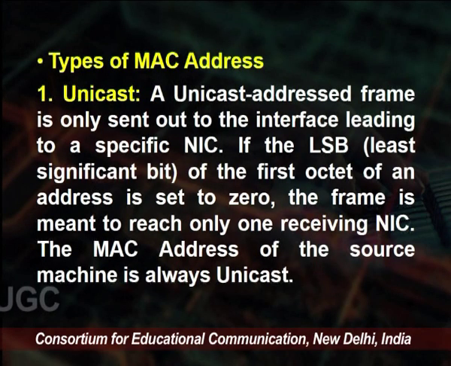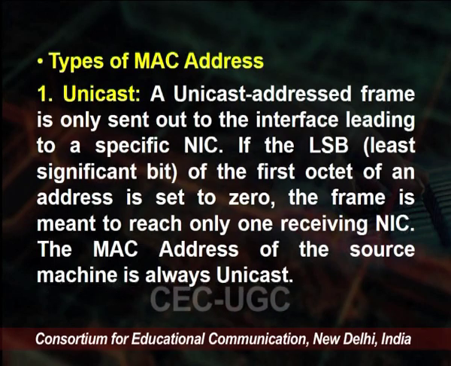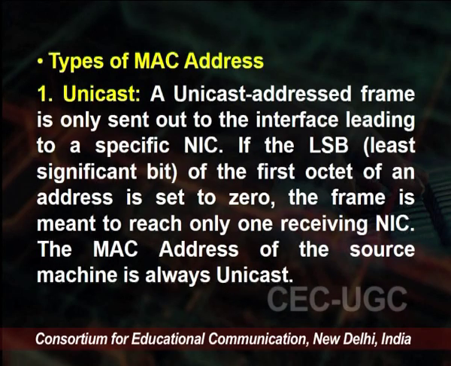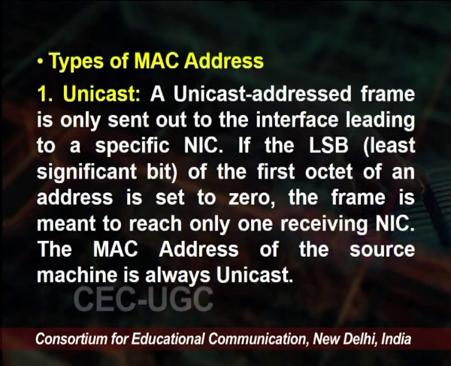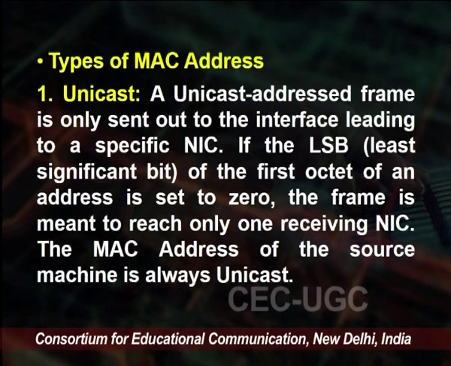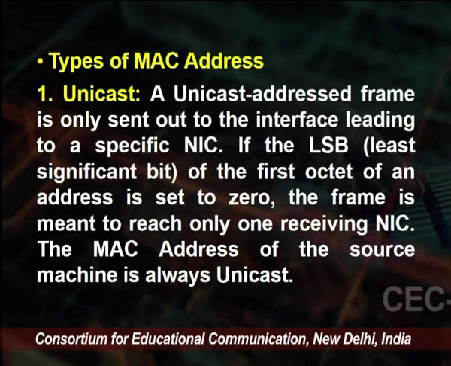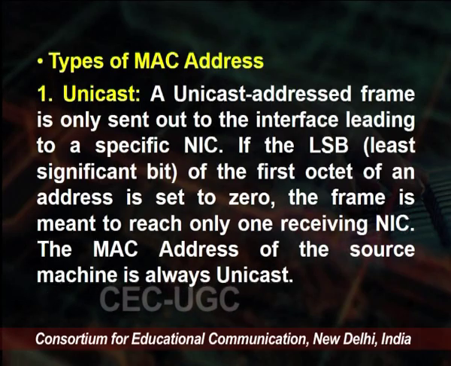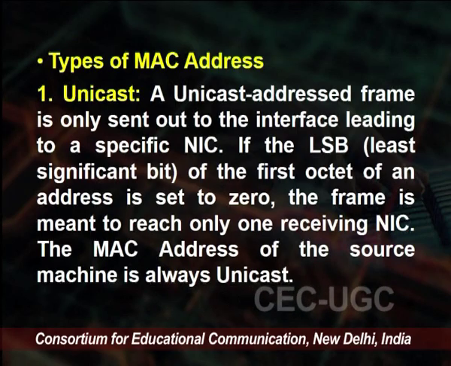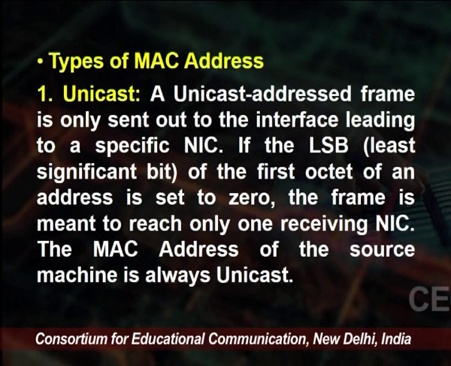A unicast addressed frame is only sent out to the interface leading to a specific network interface card, or NIC. So, when we say unicast, that means it is meant for one particular, specific NIC. If the least significant bit of the first octet of an address is set to 0, that means the frame is meant to reach only one receiving NIC.